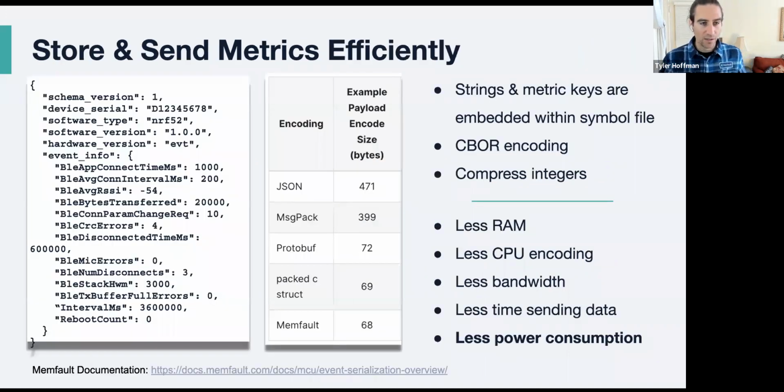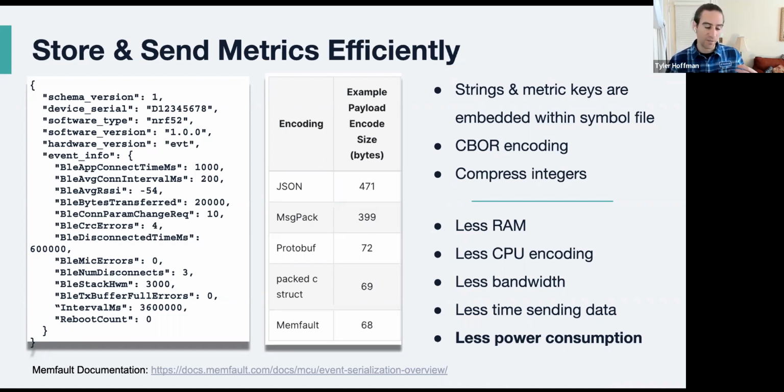Another best practice, just try to store and send metrics efficiently. I'm going to speed through this. The metrics library for Memfault that we use, from what we found in our investigation, is the most compact way to send data. And so we highly suggest no one use JSON. And then protobuf, cstructs, and the Memfault way to do it is pretty good. They're all pretty compact.